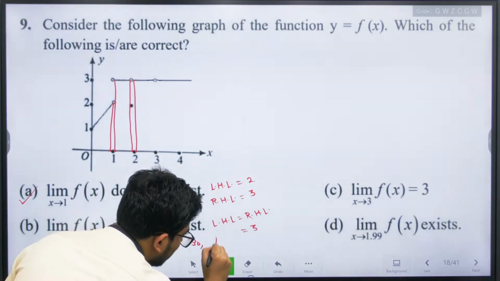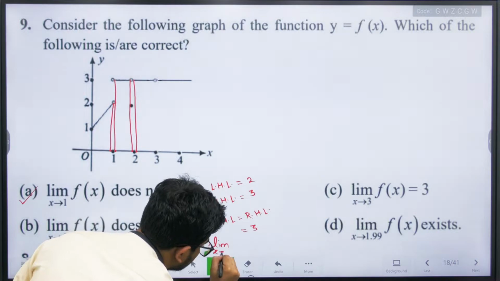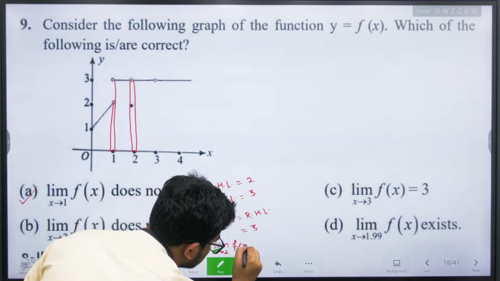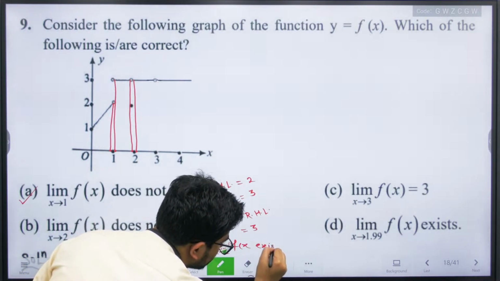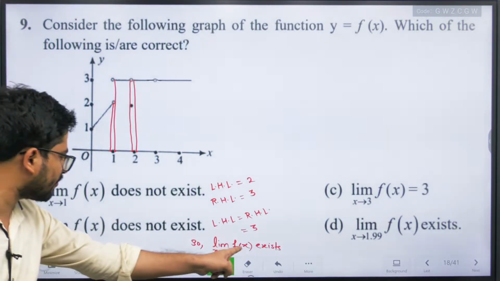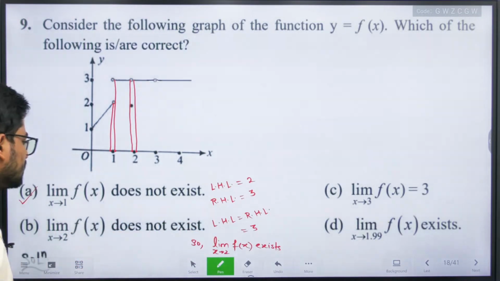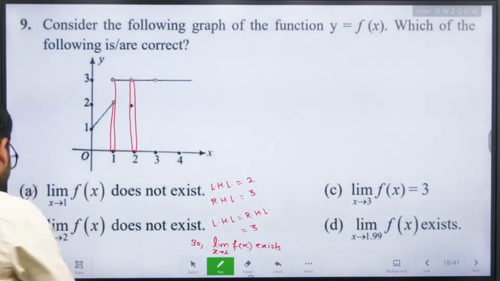But your option says does not exist, so this is not correct.